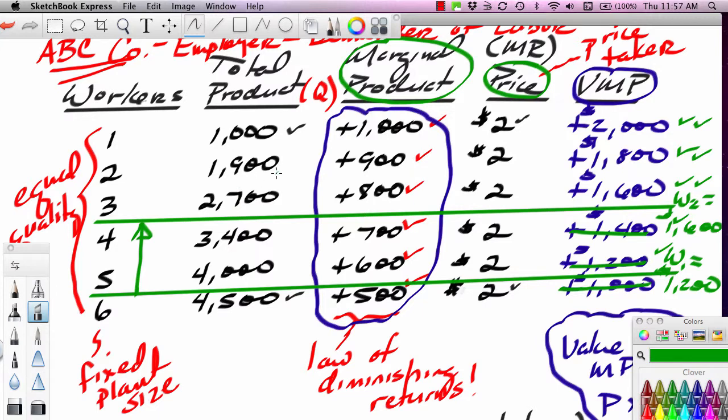Here's another possible scenario. Say that the government imposes a minimum wage of $1,600 a week, or a month, or a year. Say that the government imposes a wage that has nothing to do with the marginal productivity and price of the final product. It just is imposed by the government on the firm.